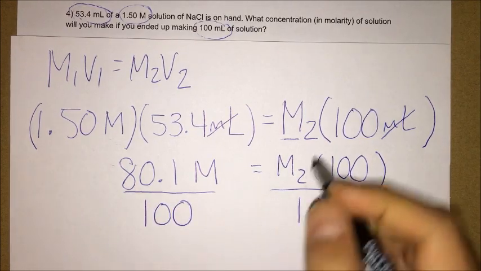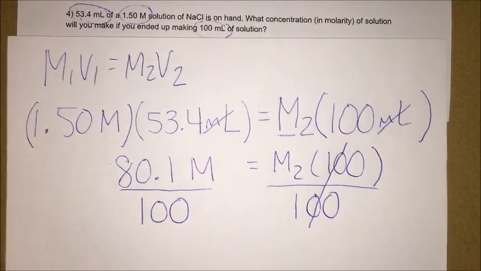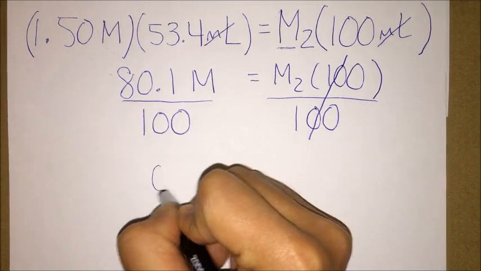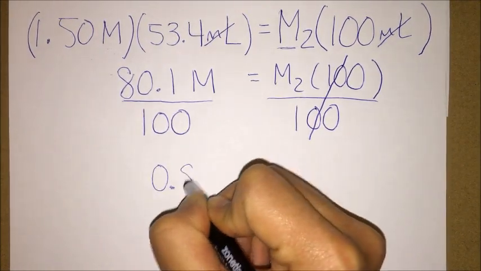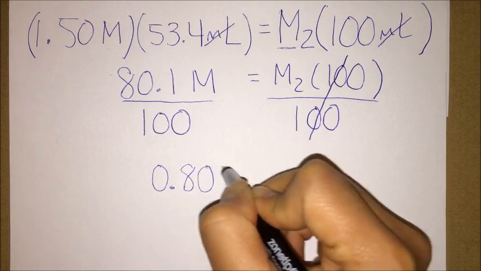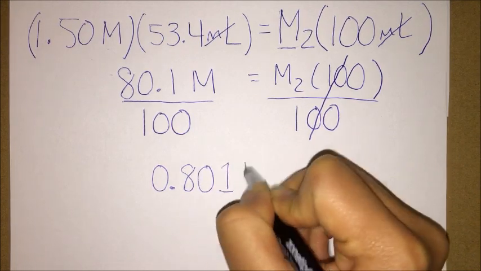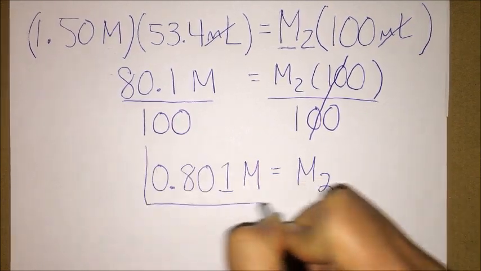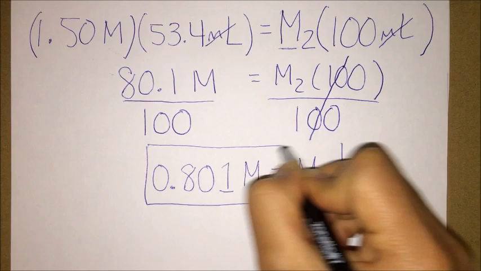So divided by 100, so 100 cancels out. So you're left with 80.1 divided by 100, which is 0.801 molar solution. And this will be your answer.